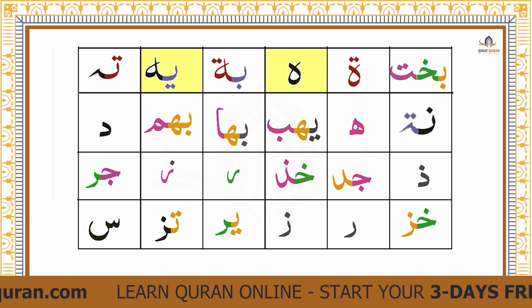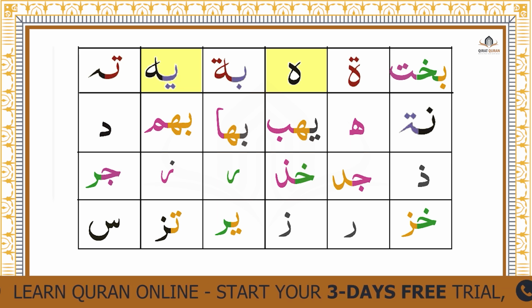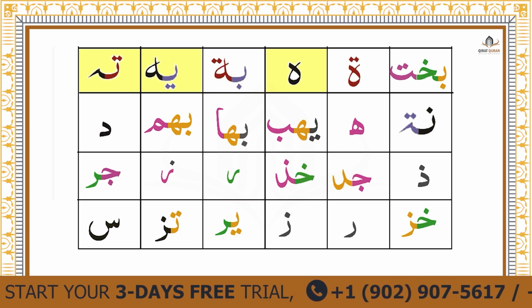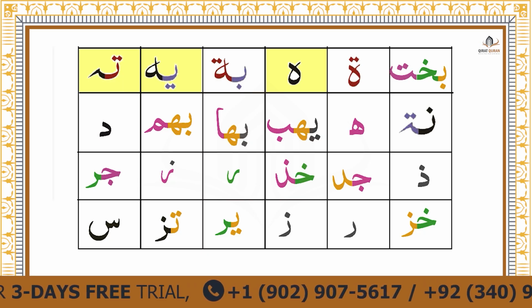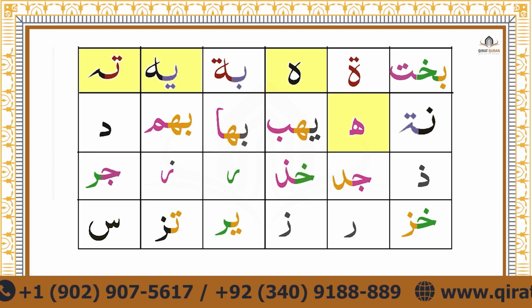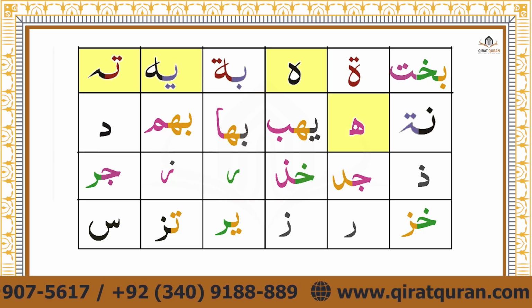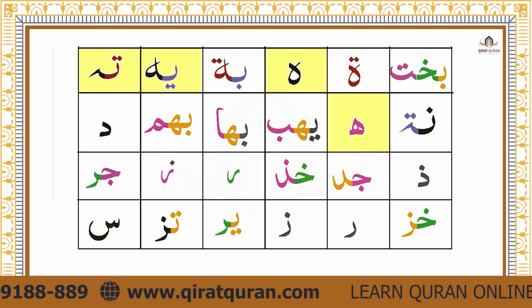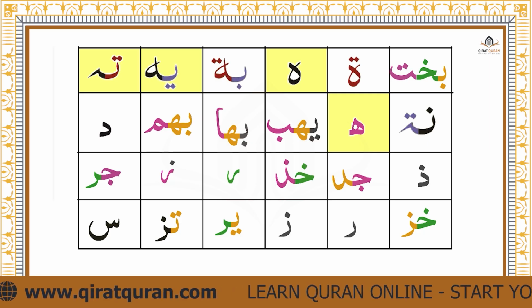The first one is Ya, but the second letter, the black one, is Ha. And here, the second letter, the black one, is also Ha. This one is also Ha. So Ha has four different styles of writing. So all these letters are Ha.